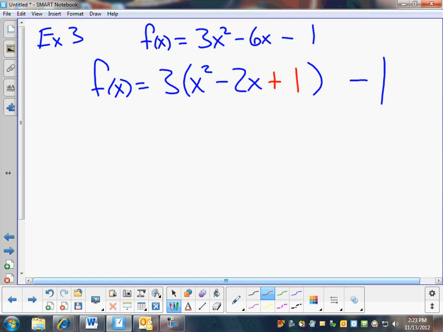I've added 3. So, if you want to maintain equality, if I added 3 to this side, I would have to add 3 to... Or, instead of adding 3 to that side, I could subtract 3 from this side. See? I added 3, and I'll subtract 3. If I've added 3 and subtract 3, it has the same exact net value of 0, right?